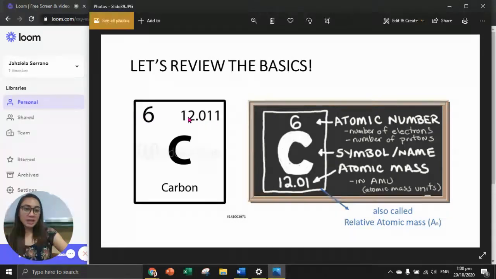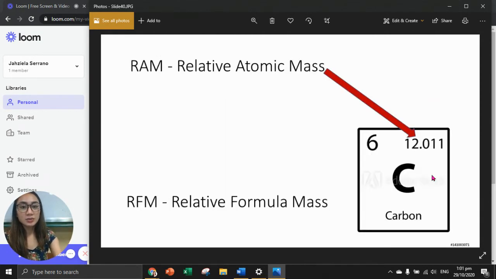And then, yung ating atomic mass, which is usually nasa baba siya or nasa side, we can call it atomic mass unit, or we can also call it relative atomic mass or RAM. So dito, ang term na gagamitin ko here in quantitative chemistry is relative atomic mass. So ang carbon nga natin, di ba, it is one atom lang. Ang atom ng carbon. So you find relative atomic mass, ito yon.